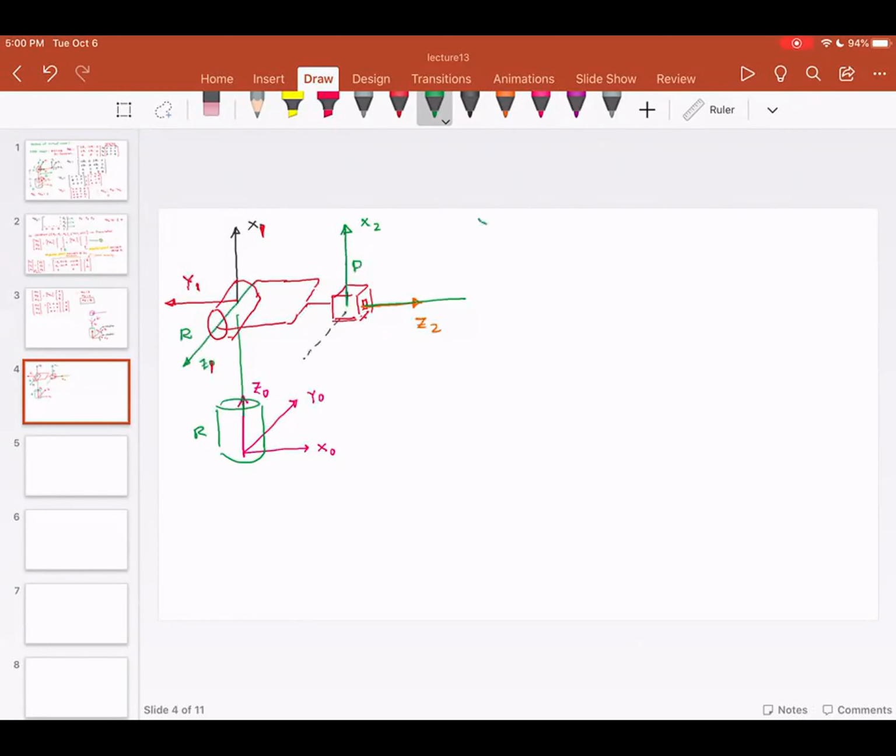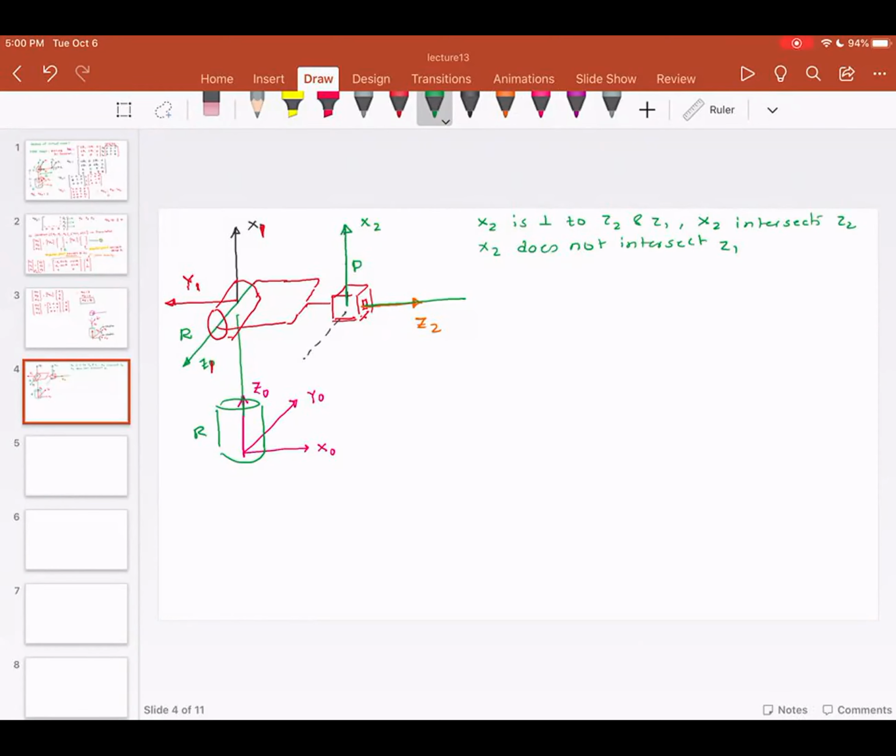So please note, X2 is perpendicular to Z2 and Z1. X2 intersects Z2, but X2 does not intersect Z1. So that means, shouldn't X1 be rotated?